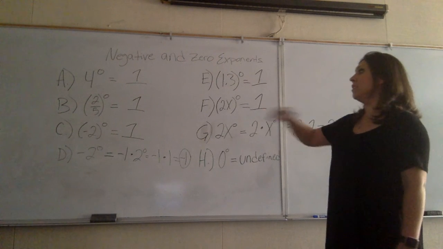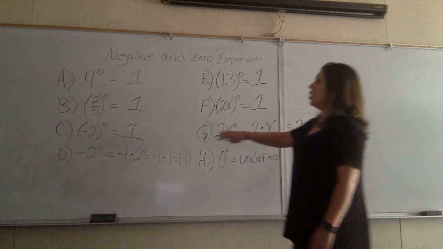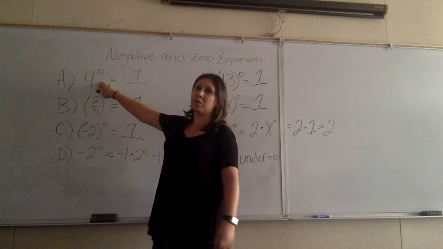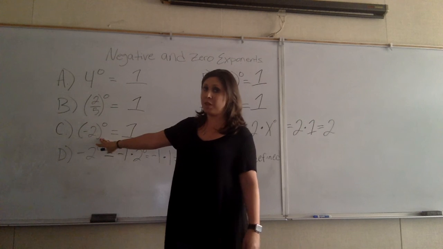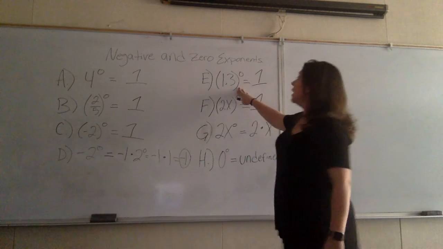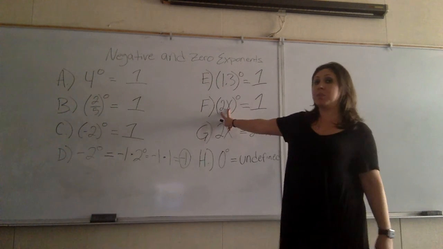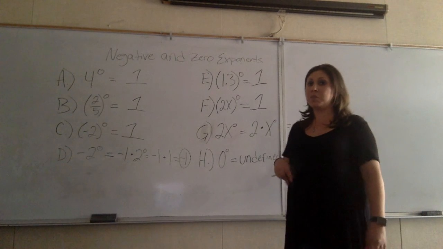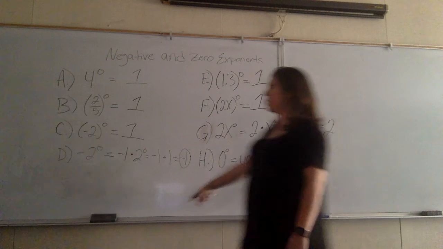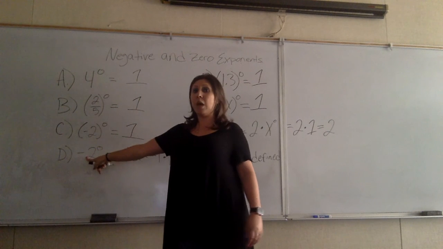So again, any number to the 0 power, no matter if it's a whole number, a fraction, a negative, as long as it has parentheses, a decimal, two numbers in the parentheses, you're always going to get the answer as 1. The trickiness comes when you have negatives without parentheses.